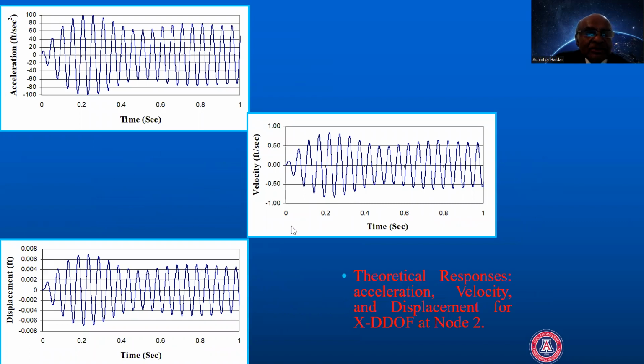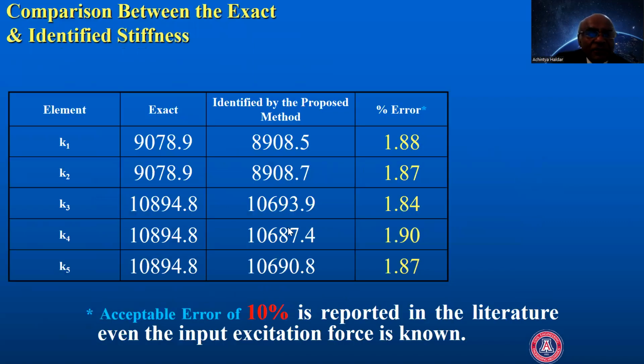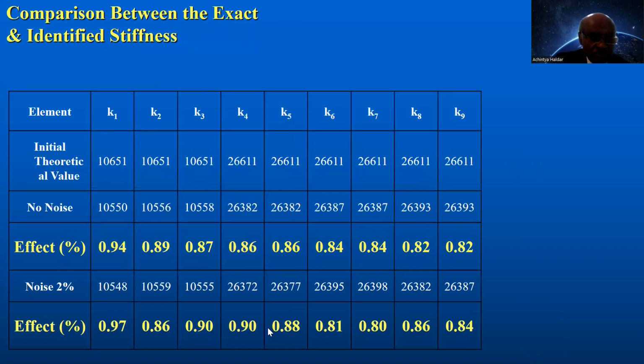We generated this information by computer, and then we identified using only the generated response information, completely ignoring the excitation information, and we identified the stiffness parameter with less than 2% error. In literature, 10% error is acceptable.